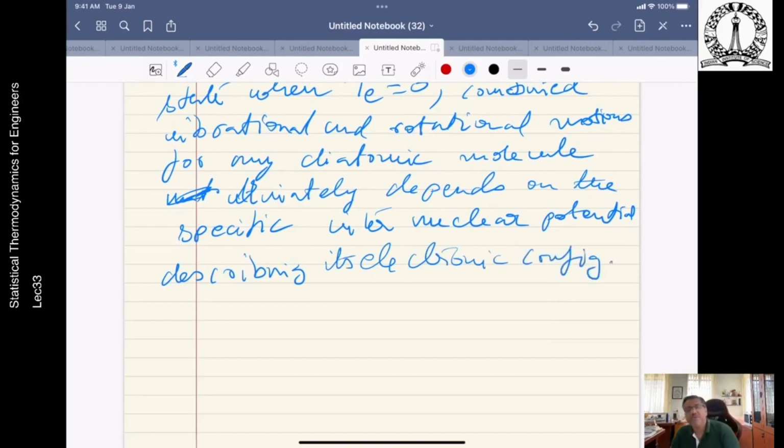So this is important. It depends specifically on the internuclear potential, which determines it.